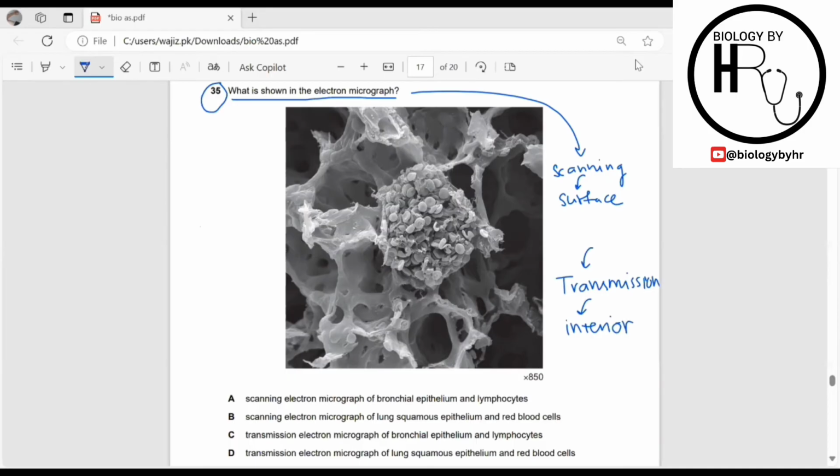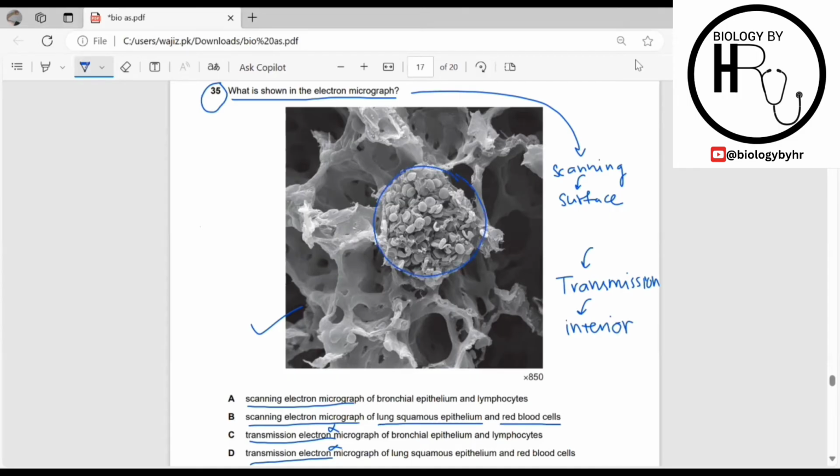So over here they are asking what is shown in this electron micrograph. We know that this cannot be the transmission electron micrograph because we can clearly see that the surfaces of some of the cells are being shown in the above diagram. Now it can be a scanning electron micrograph, right? This is the scanning electron micrograph of the lung squamous epithelium and the red blood cells.